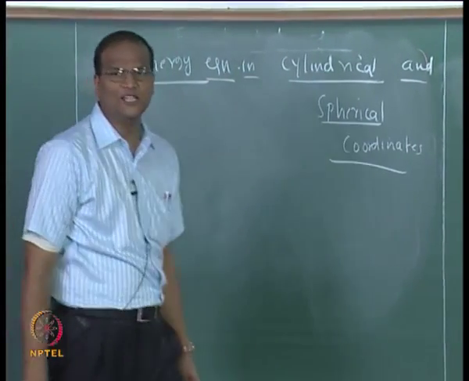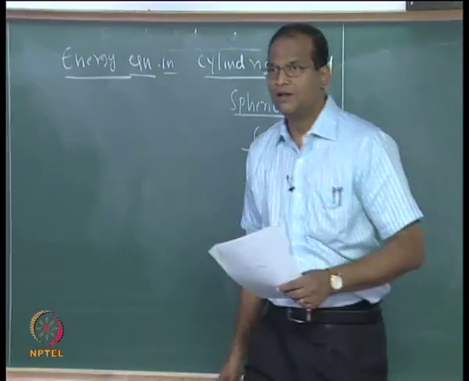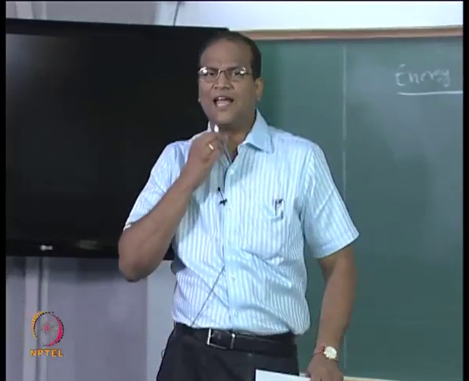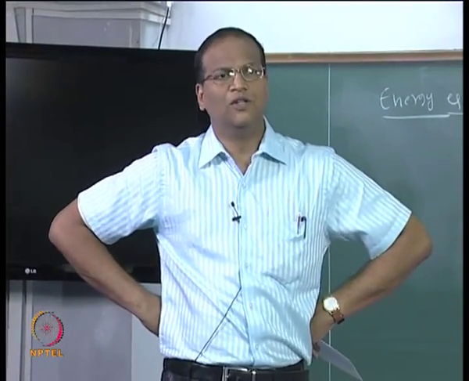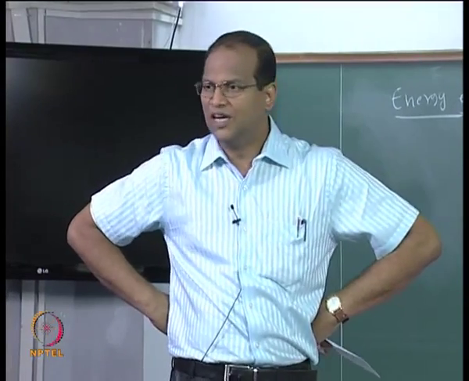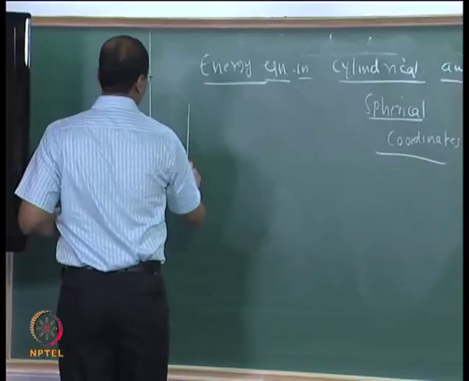so we have to look at the energy equation in cylindrical and spherical coordinates. I do not have time to derive that, but they can be derived in a manner analogous to how it was derived for the Cartesian coordinates.